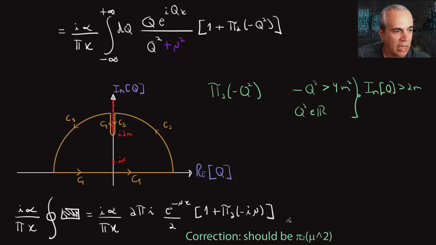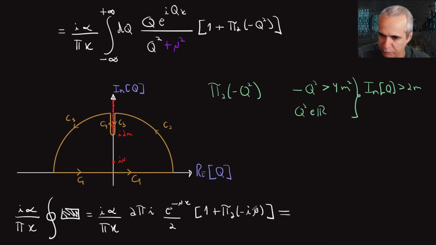And then, of course, I take mu back to 0 at the end. Once I did this integral, I don't care anymore about the value of mu. I can take the limit of mu going to 0.